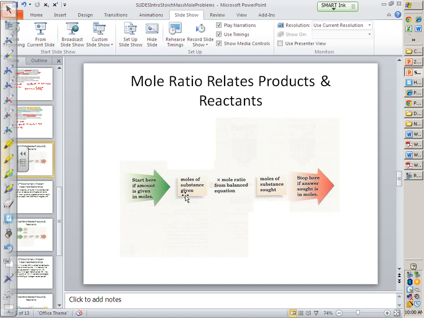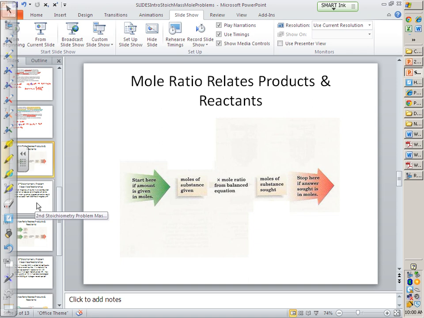We take the moles of the substance that we're given, use the mole ratio from the balanced equation, and that gives us what we're looking for. It's basically a one-step problem. Okay? Good there? All right.